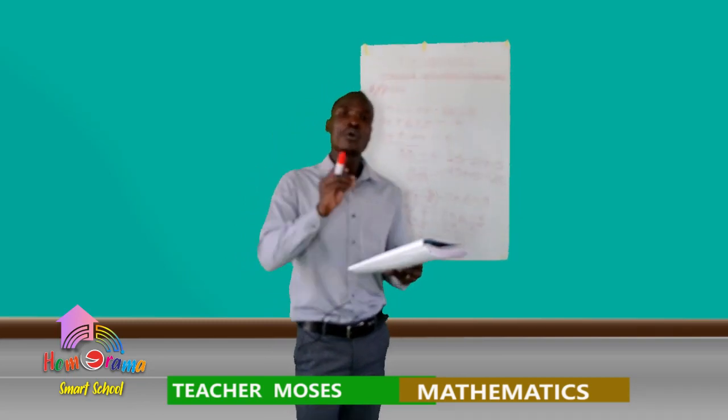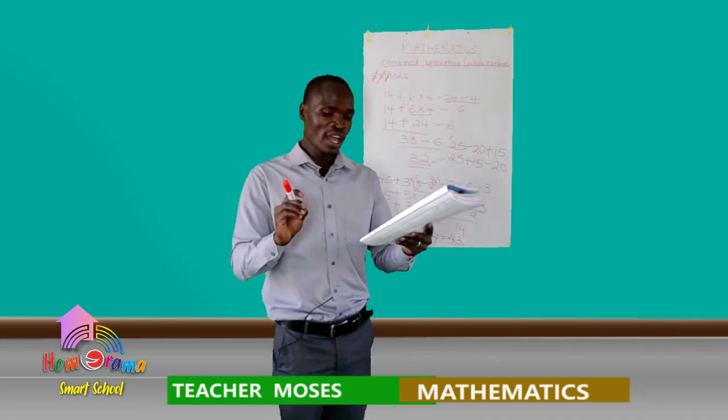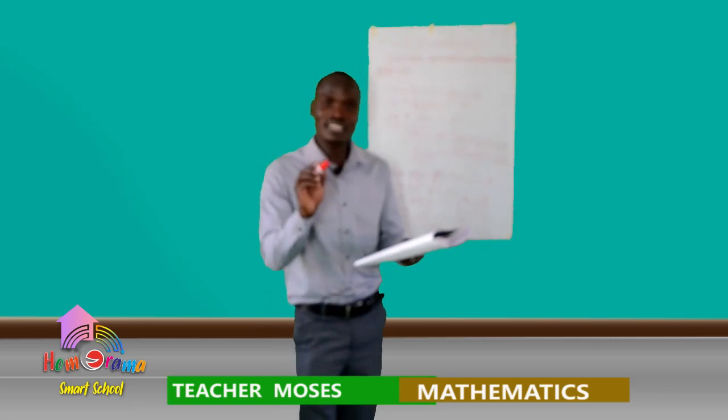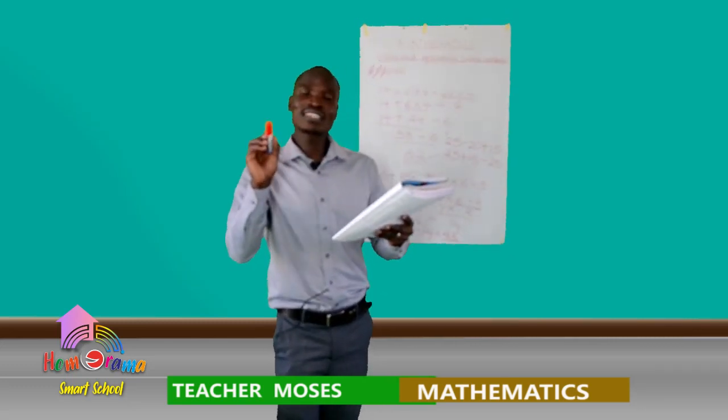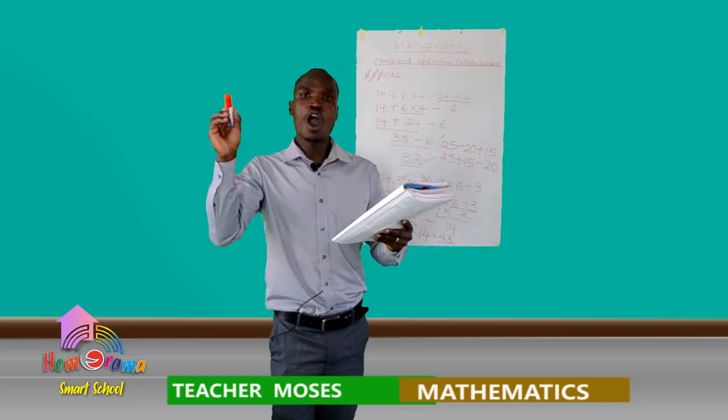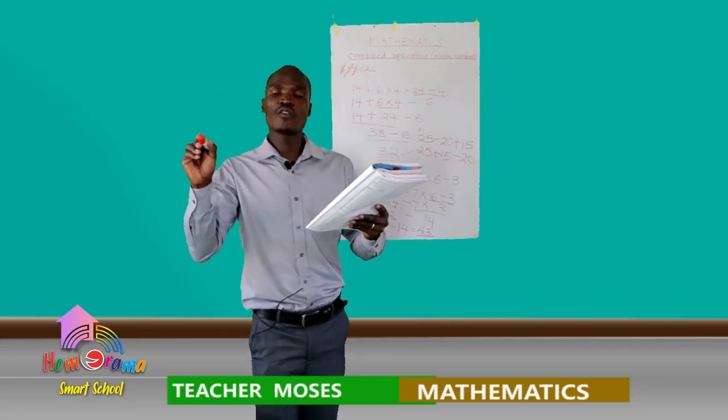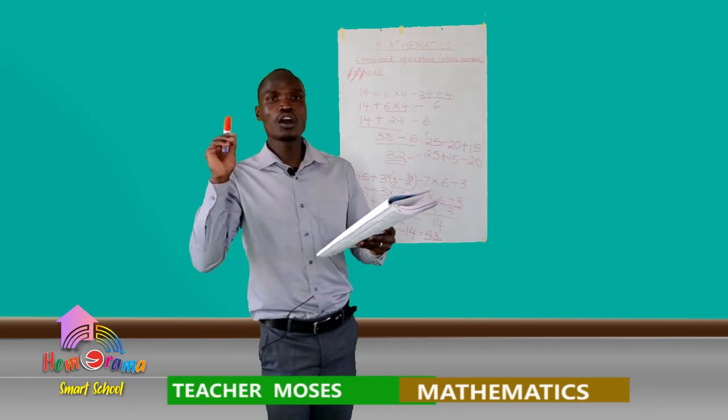I repeat, what is the value of 816 divided by 4 plus 6, open the bracket, 12 minus 5, close the bracket.